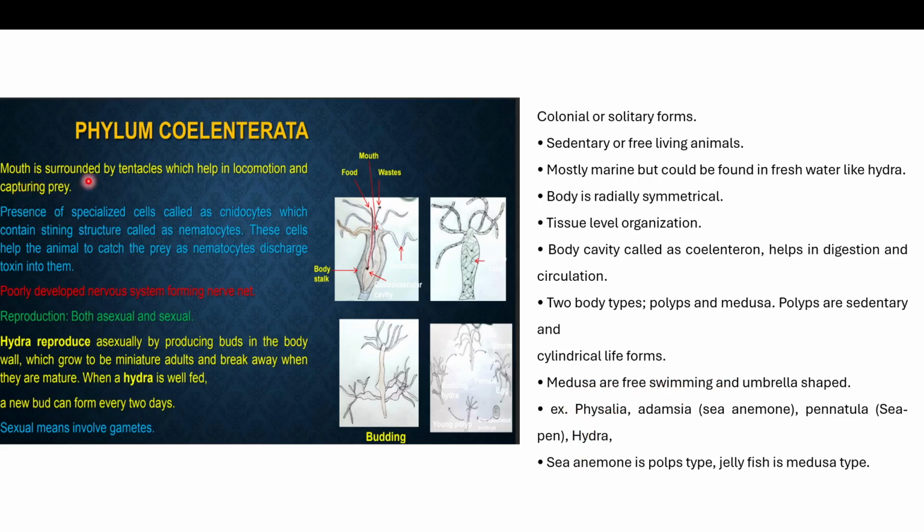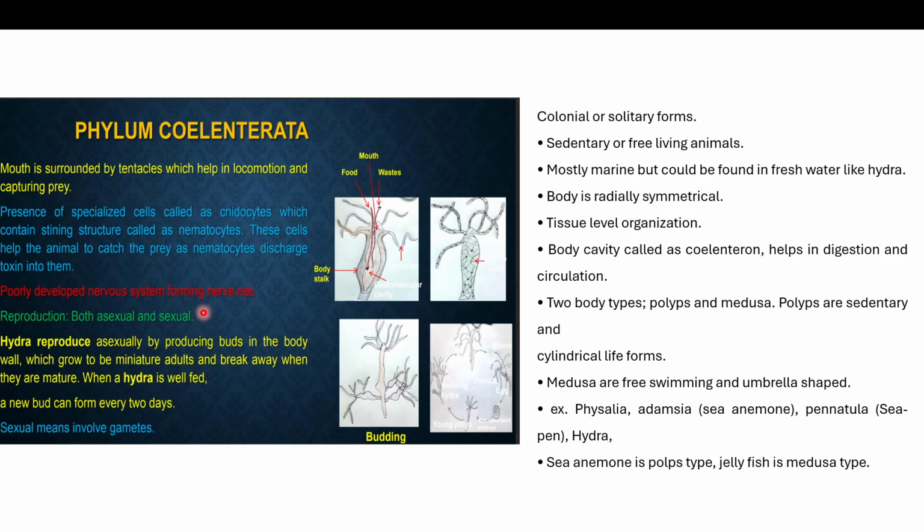And the mouth, these are the tentacles here. The mouth is surrounded by tentacles which help in locomotion as well as capturing the prey. And there are cnidocytes, which are specialized cells containing a stinging structure called nematocytes. These nematocytes help the animal to catch the prey because they can discharge toxin onto the prey organisms.